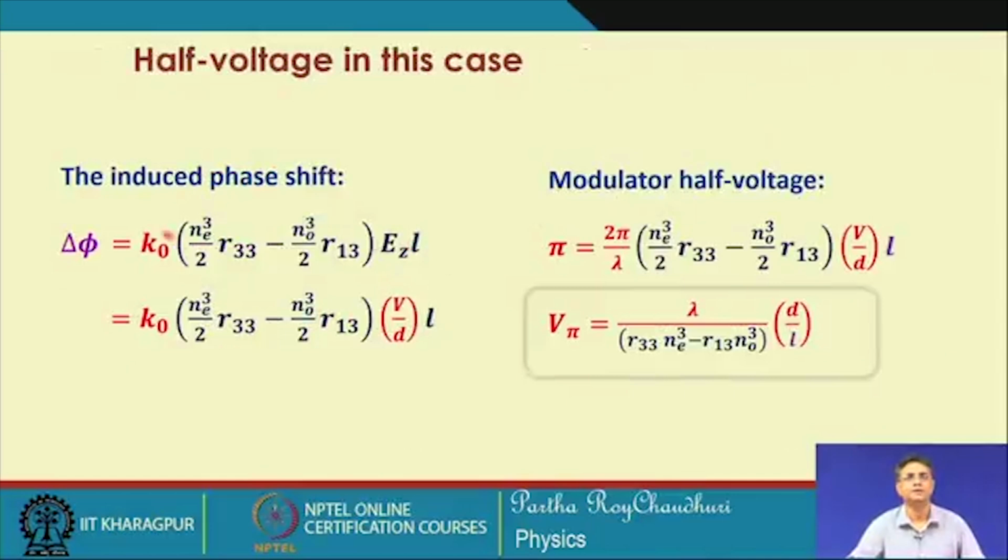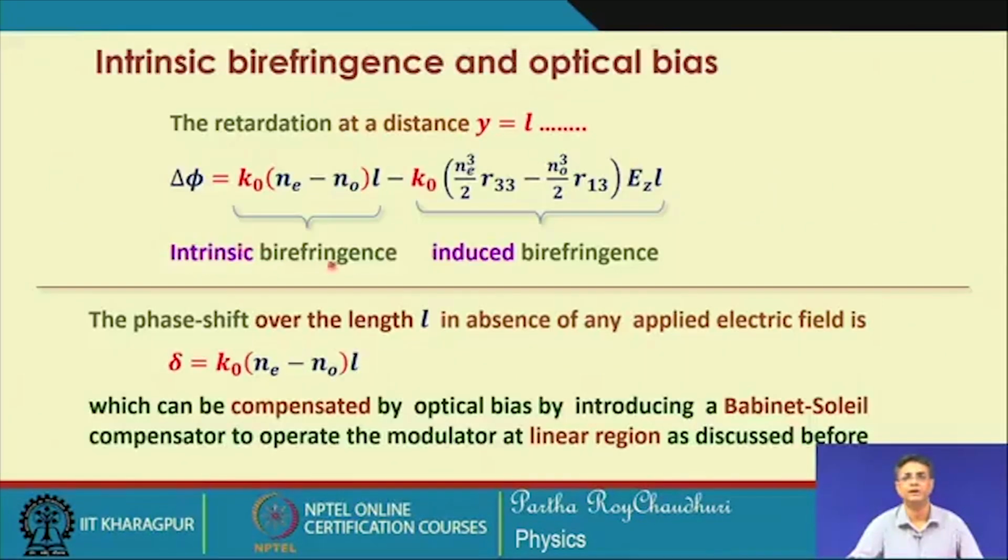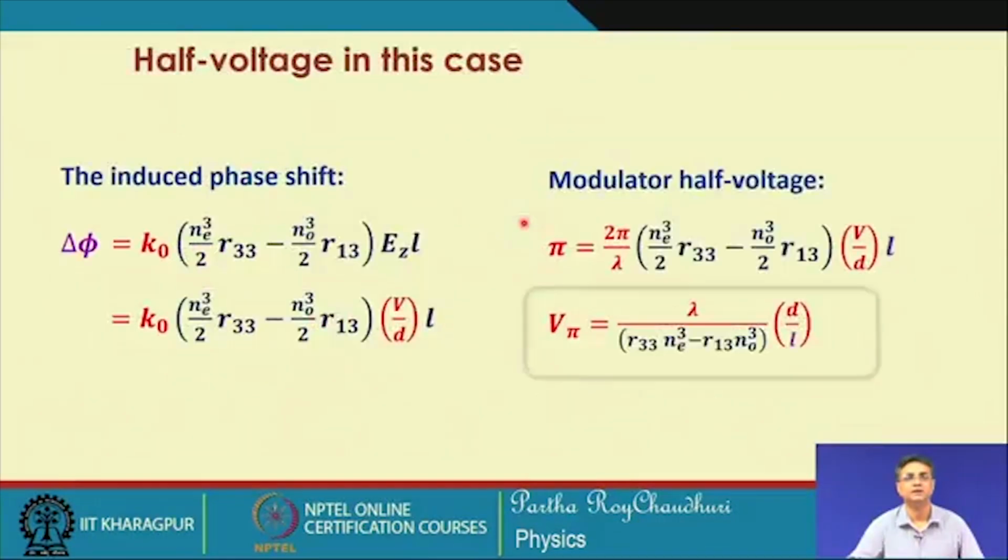Okay. So, now the induced phase shift in this case is this, because if we assume that we have already compensated this part of the phase and shifted the operating point to work in this region, then the induced phase shift is this, which will correspond to a phase shift of pi, and you will get the half-wave voltage, that is the voltage required to switch the modulator from 0 to 1 state, which we have discussed.